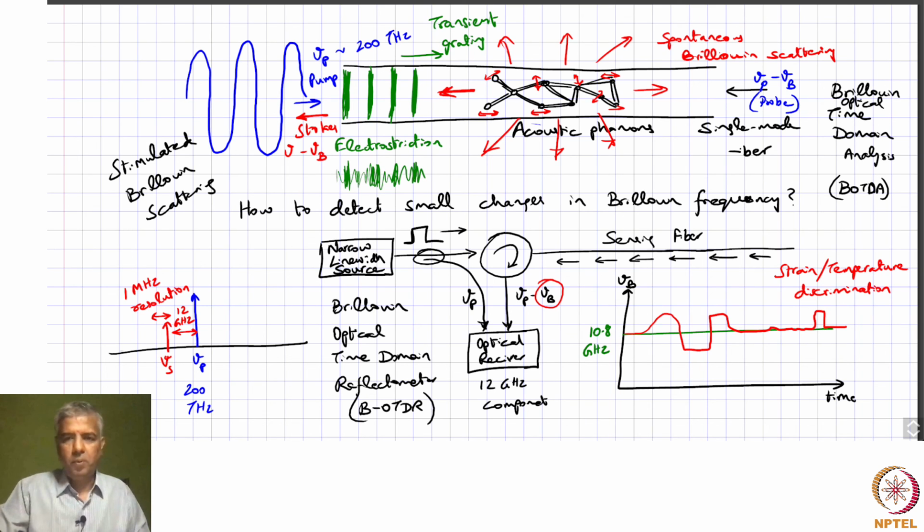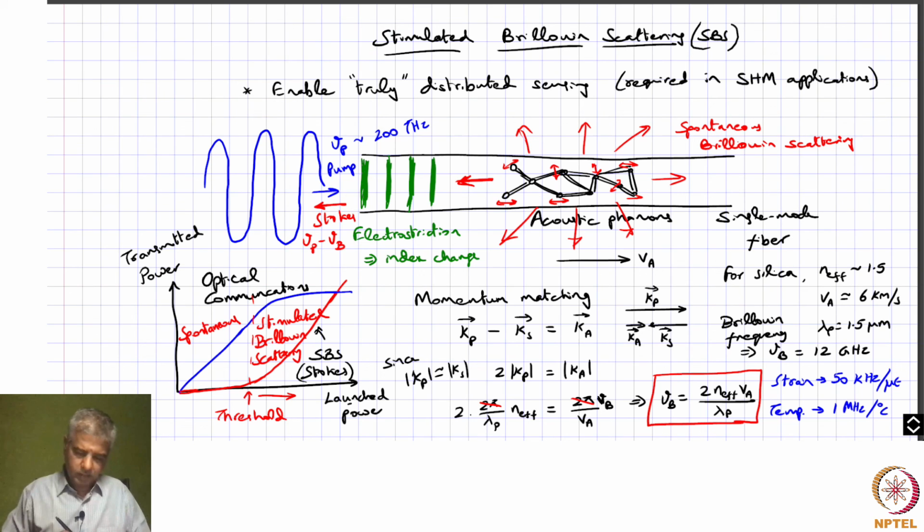Okay, but the key point is SBS based sensors are another example of a wavelength modulated sensor, and what it enables is a truly distributed sensing, which is preferred in a lot of structural health monitoring applications.